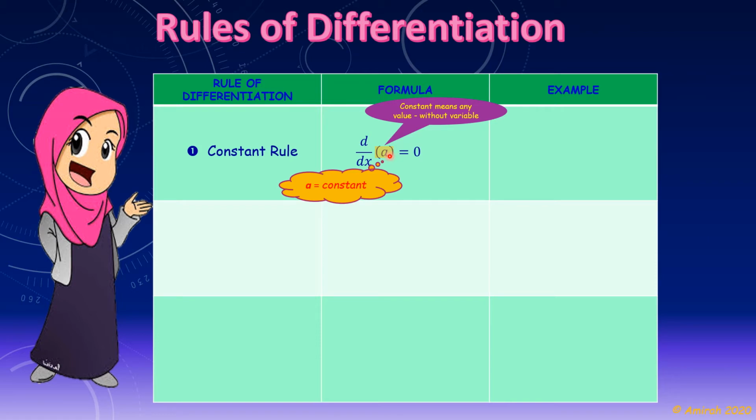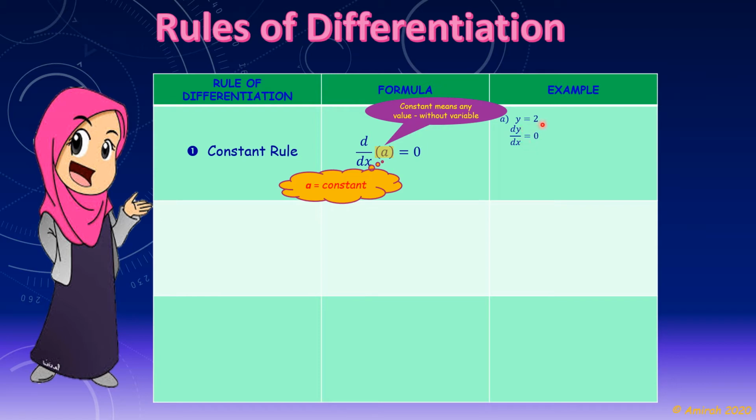I will explain the example of the constant rule pretty quickly because it is simple. For example, a. Let's say we are given y equals 2. When we differentiate, dy over dx should be equal to 0 because 2 has no variable.